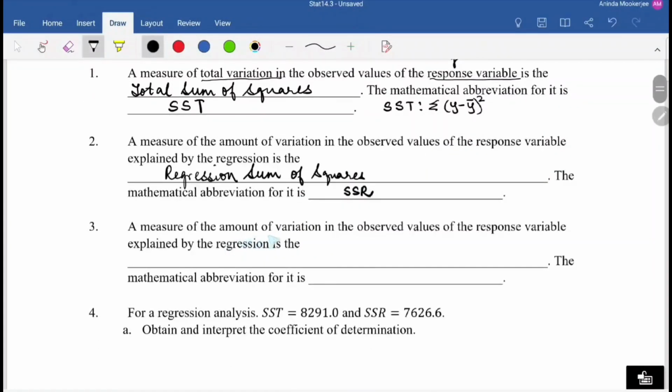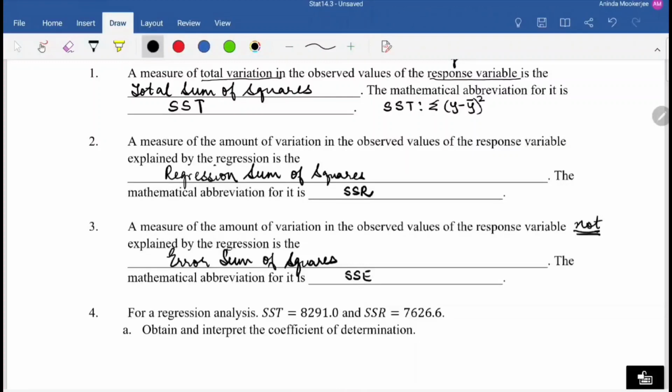And then we have a measure of the amount of variation in the observed values of the response variable. Now, I need to make a correction to the statement. It should be not explained by the regression. That is the SSE, or the error sum of squares. The mathematical abbreviation is SSE.